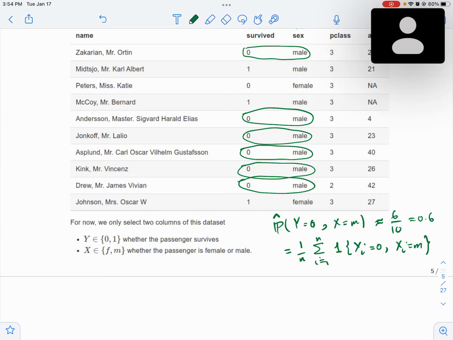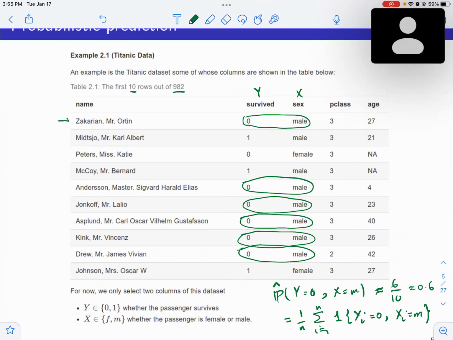If you recall this indicator notation, here I have a training set x1, y1, x2, y2, dot, dot, dot, xn and yn. So for example, this is i equal to 1, this is i equal to 2, dot, dot, dot, i equal to 10, right?